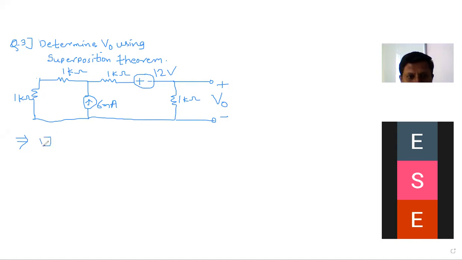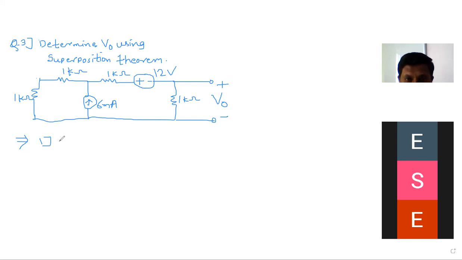How many are there? Only 2 are there. That is the 6 milliampere and 12 volt. We can take the first 12 volt, keep it as it is. And 6 milliampere, what we have to do? We have to make it short or open? Open. Yes.